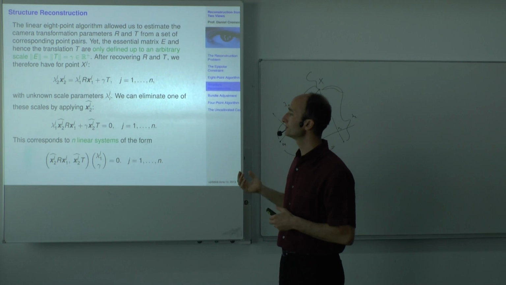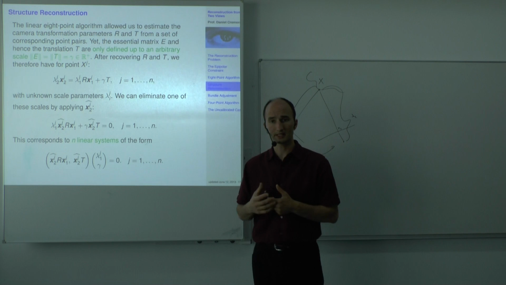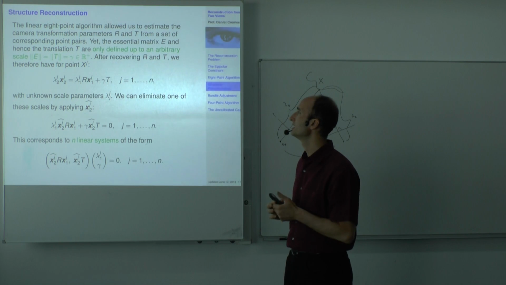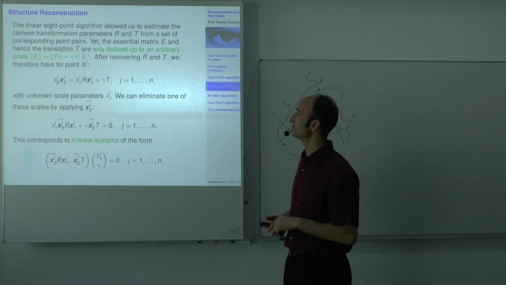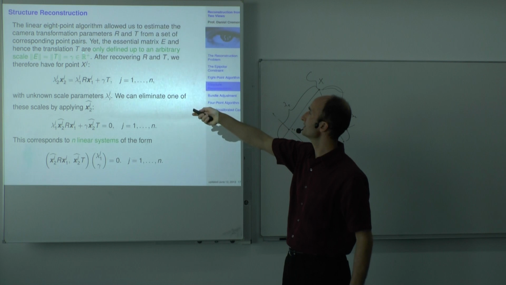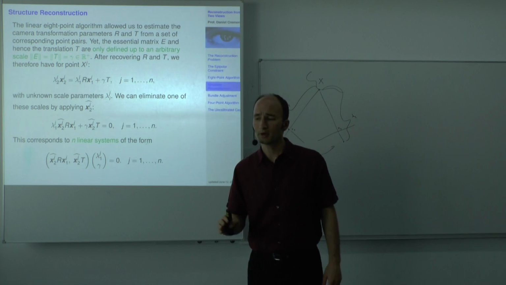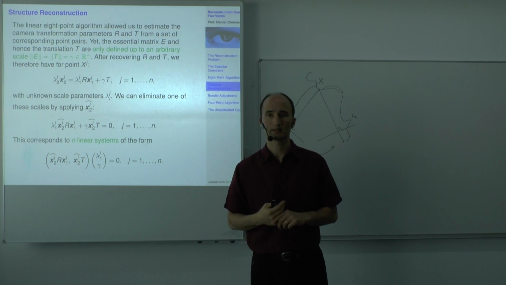So we saw rotation and translation in the 8-point algorithm can be determined by singular value decomposition, and similarly the reconstruction can be computed. We now assume we have translation and rotation, but remember the translation is really only defined up to scaling.